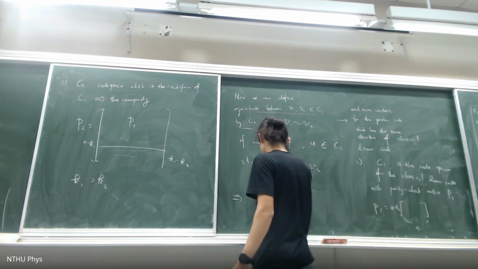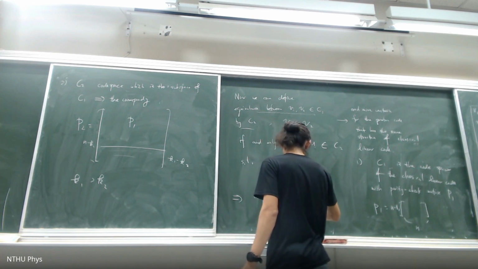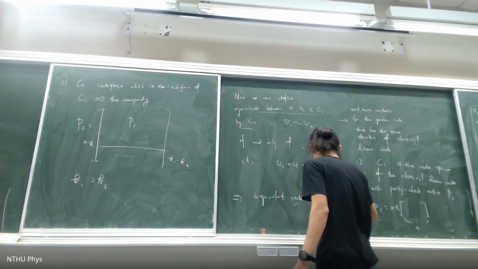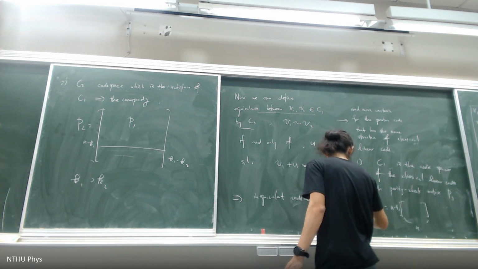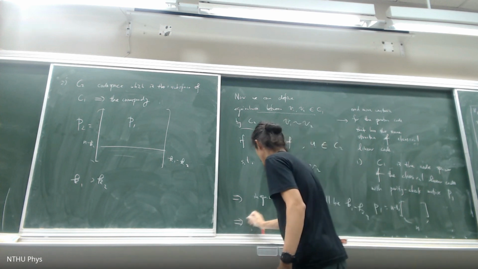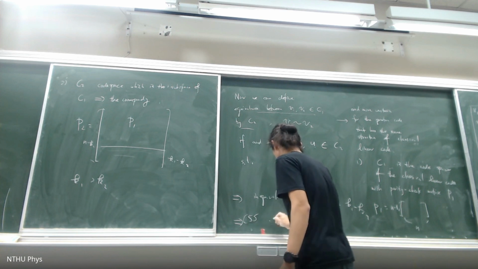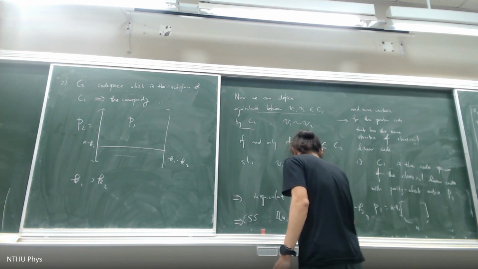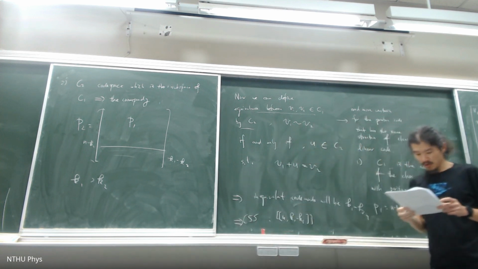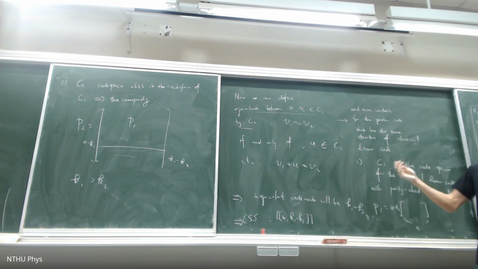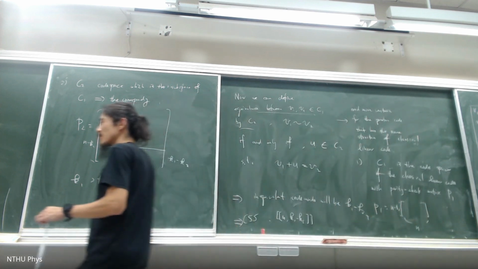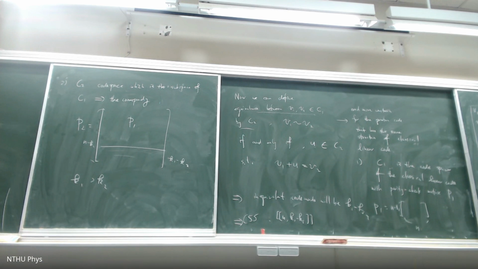So the CSS code will be denoted as [n, k1 minus k2]. That's basically a pre-introduction about the CSS code, which we will discuss in the next lectures.